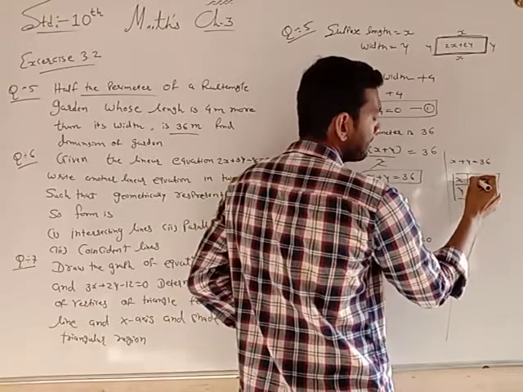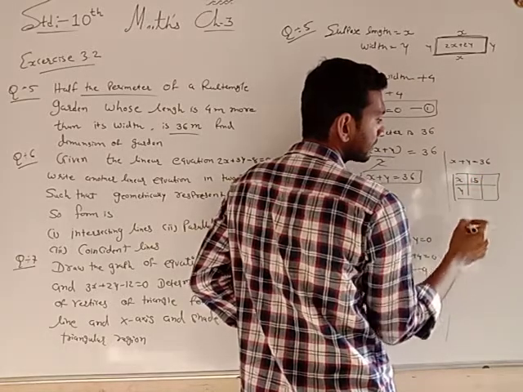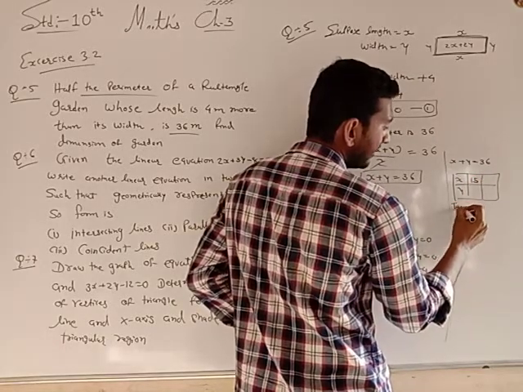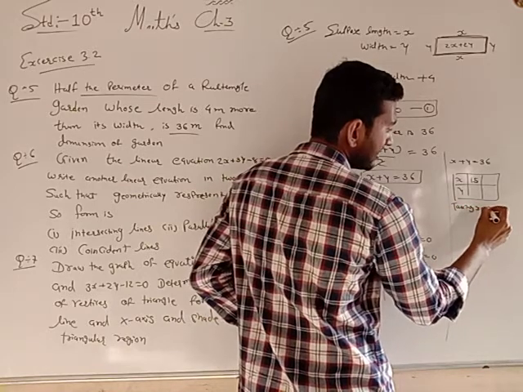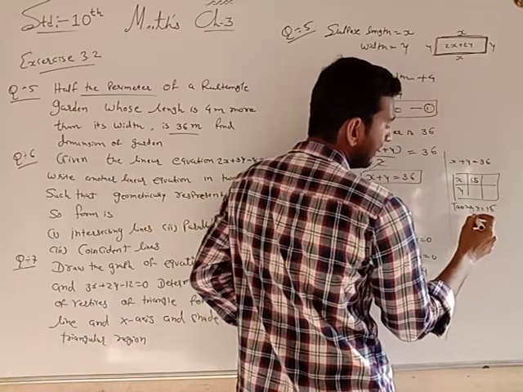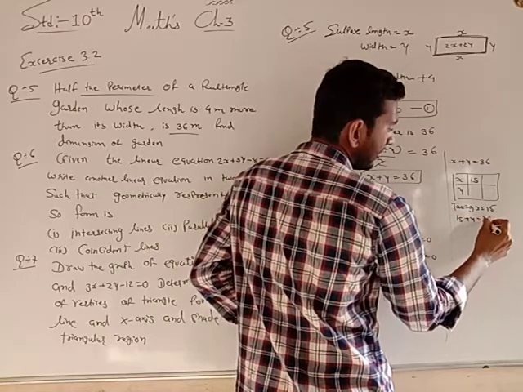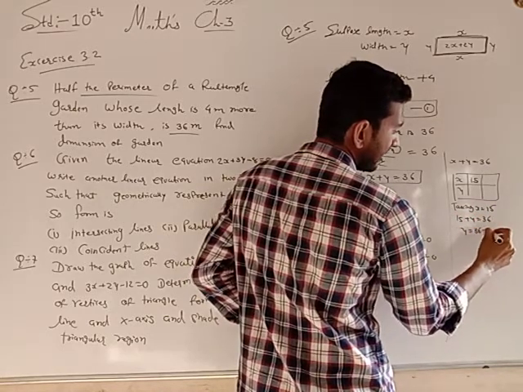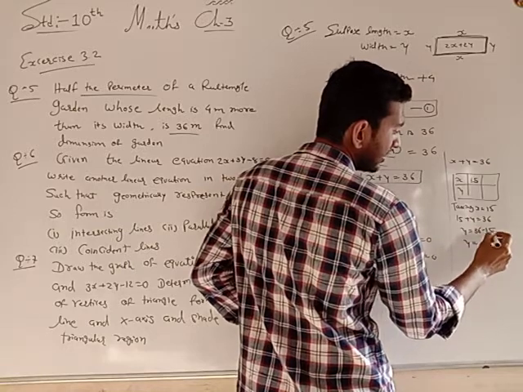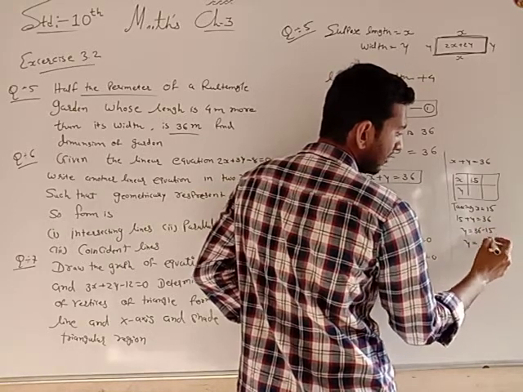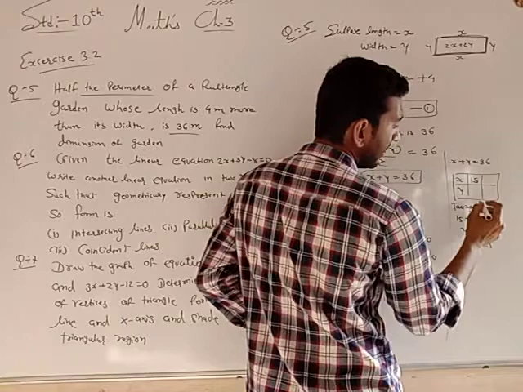So I take 15. Taking x is equal to 15, then 15 plus y is equal to 36. y is equal to 36 minus 15. So y is equal to 21.